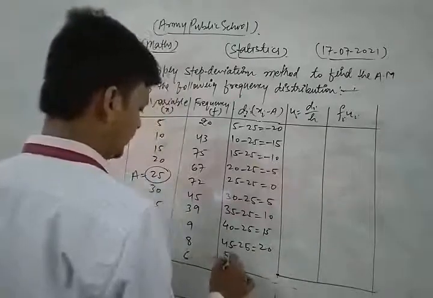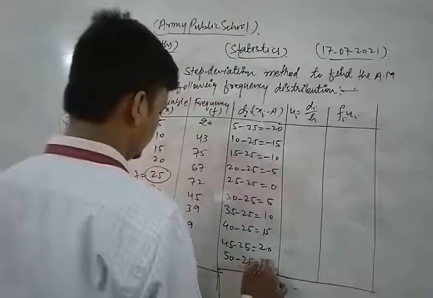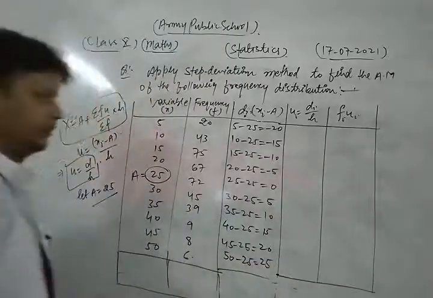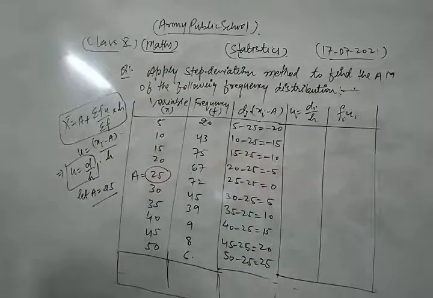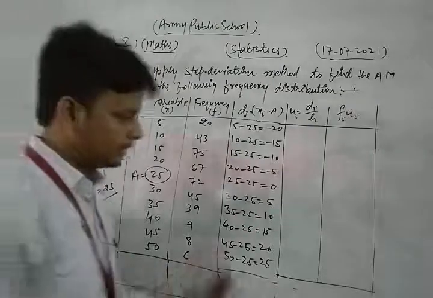And finally 50 minus 25 is plus 25. Okay, dear students, this is the method.